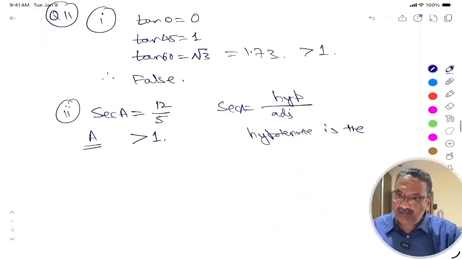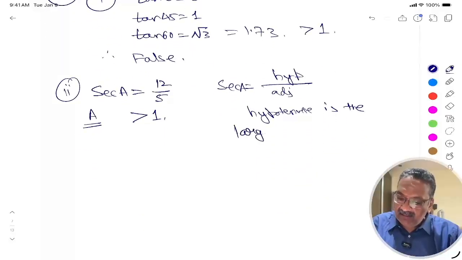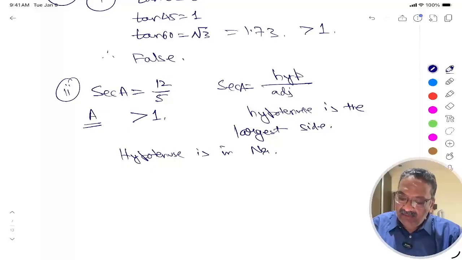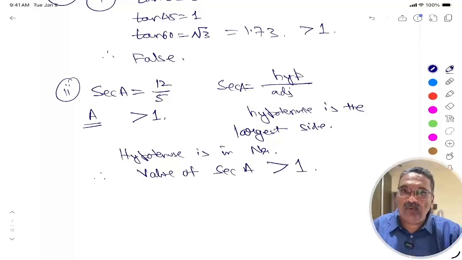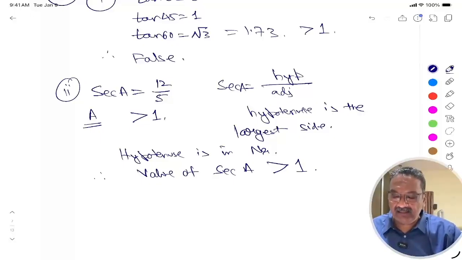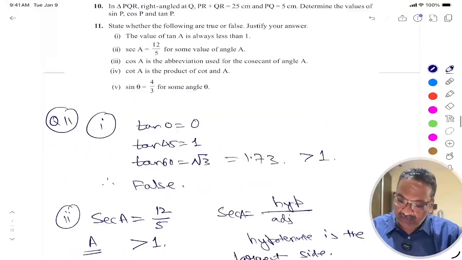Hypotenuse is the largest side in the triangle. Since hypotenuse is in the numerator, which is divided by a smaller value, the value of secant A is always greater than 1. So 12 by 5 may be a possibility because it is greater than 1.